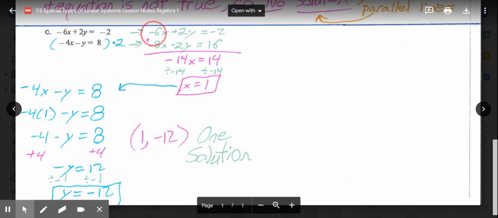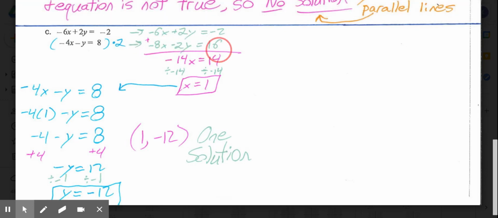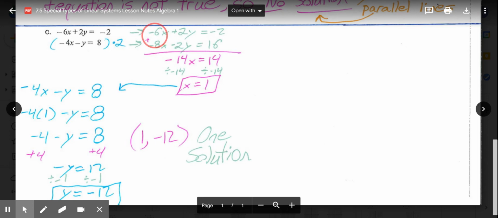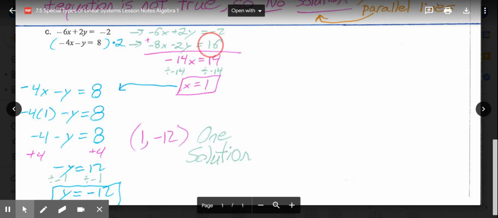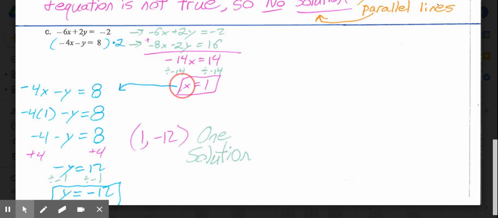We end up with negative 6x plus 2y equals negative 2, plus negative 8x minus 2y equals 16. Just like our other combination lesson, the y's canceled. Negative 6x plus negative 8x is negative 14x equals negative 2 plus 16 is 14. Divide both sides by negative 14 and x equals 1.